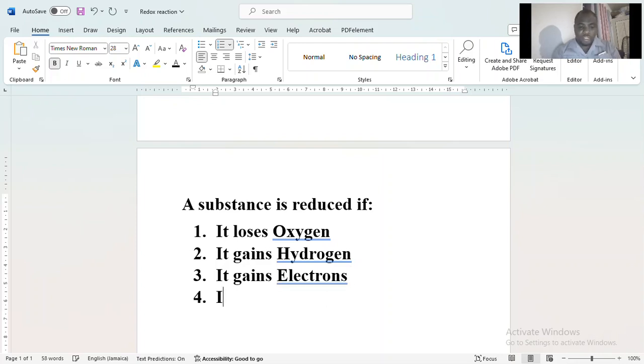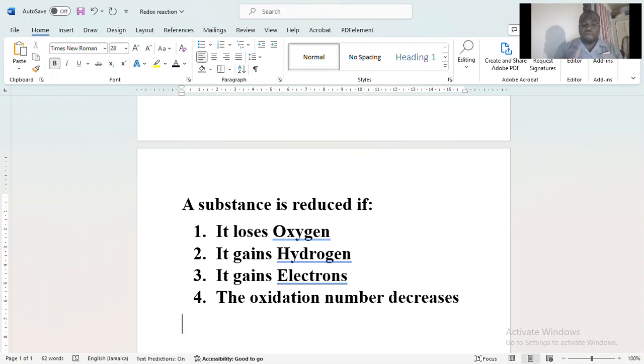And four, the oxidation number decreases. So these are the four ways. So if a substance is reduced, it will basically lose oxygen, it will gain hydrogen, it will gain electrons, and the final one is the oxidation number, the oxidation state of the element or the element within the substance, will basically decrease.